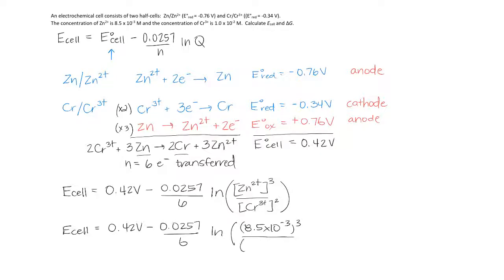And our chromium concentration is 1.0 times 10 to the minus 2, squared. Doing the math, we get E cell equal to 0.44 volts. Delta G is related to the cell potential through the following equation, negative n F E cell.